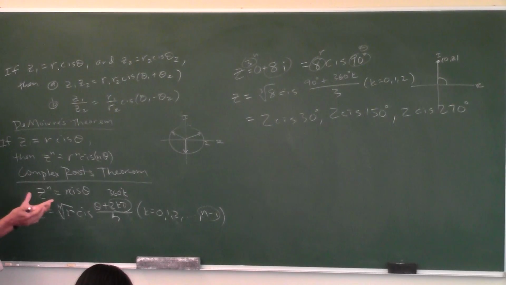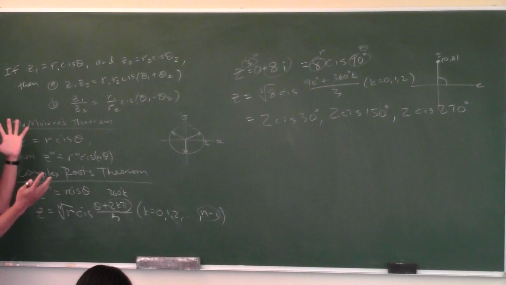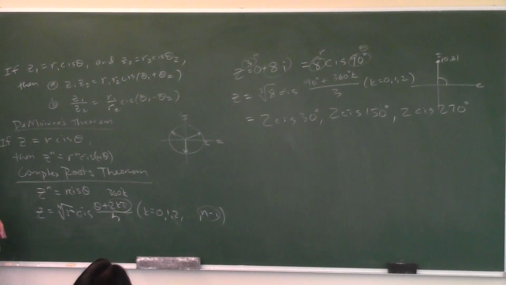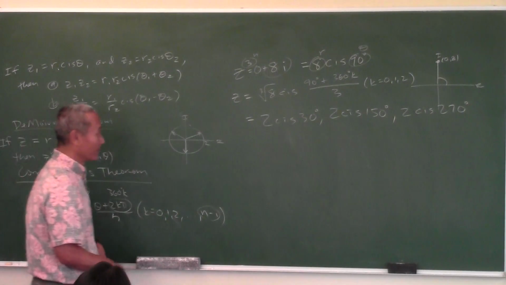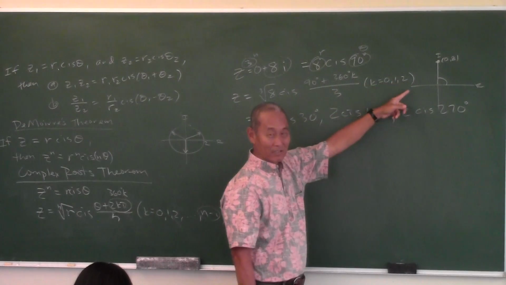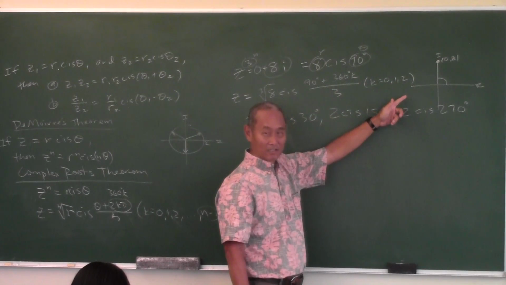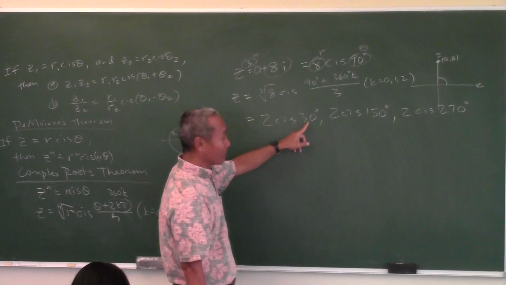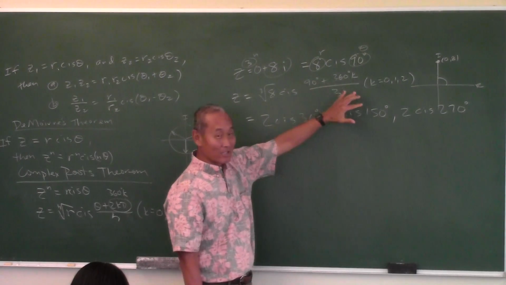Now, is that always going to be the case? Anytime you use this theorem, are however many answers you have always going to be equally spaced apart? Yes. So that can help you, because some of you are struggling plugging in 1 and 2. Once you get the first answer, you don't need to use the formula anymore.